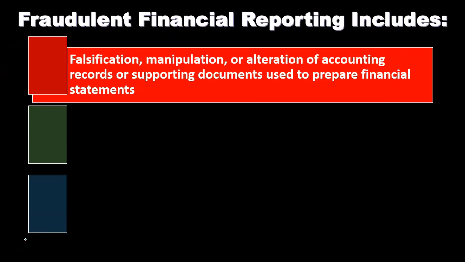Fraudulent financial reporting includes falsification, manipulation, or alteration of accounting records or supporting documents used to prepare financial statements. So we're actually taking the documents and falsifying them. Possibly someone within management is falsifying the documents, manipulating them in some way, altering them. Notice that this type of manipulation would have to be very conscious.